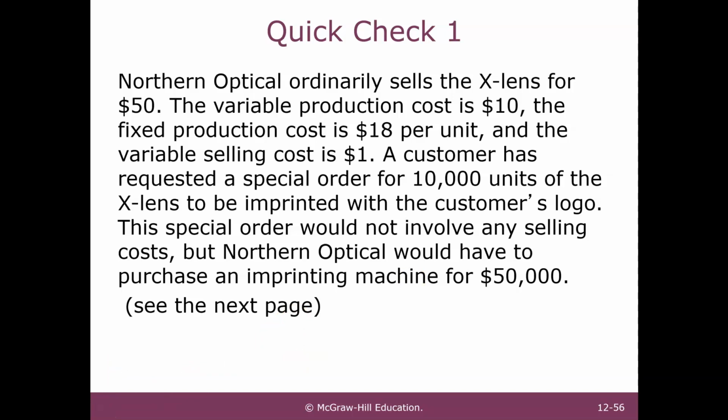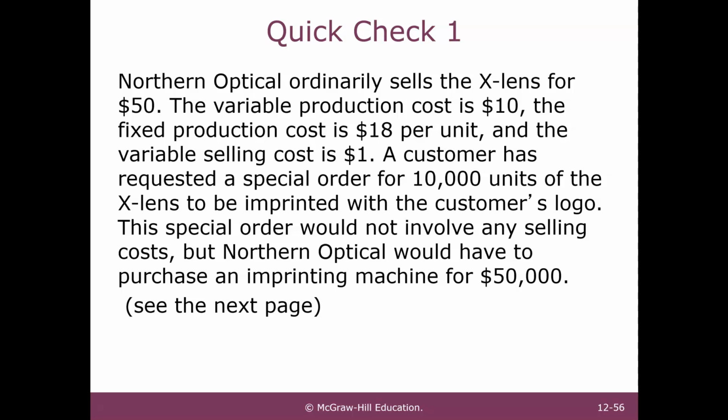Okay, we will look at another example of this. Here we have Northern Optical. They ordinarily sell the X lens for $50. Variable production cost is $10, and then fixed is $18. The variable selling cost is $1. The customer wants to place a special order for 10,000 units.